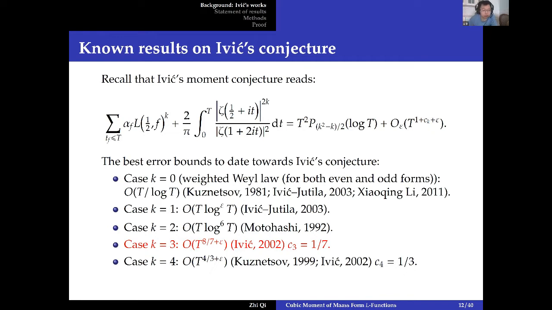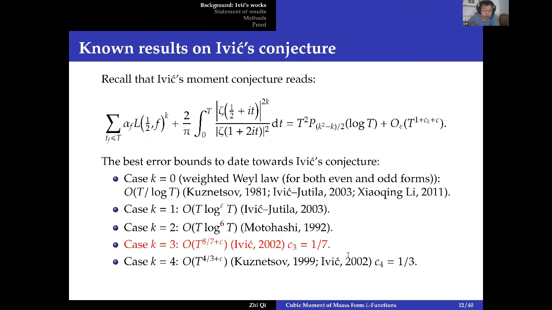Some audience asked a question about the Kuznetsov formula, right? In the k equal to 4 case, you can actually check Ivic's paper. There are actually some errors in Kuznetsov's original paper, but Ivic corrected those errors.